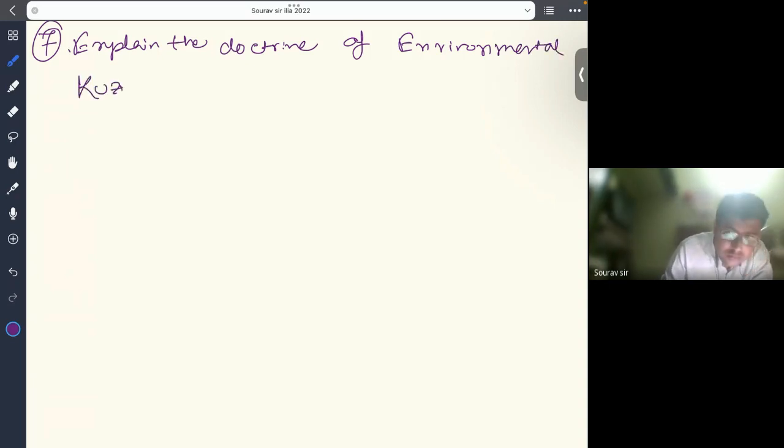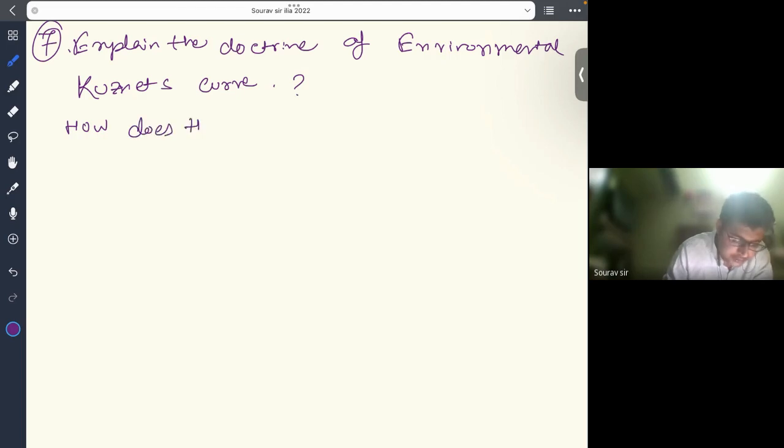Explain the doctrine of environmental Kuznets curve.